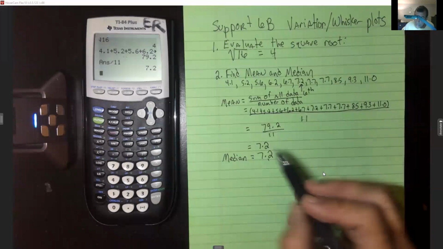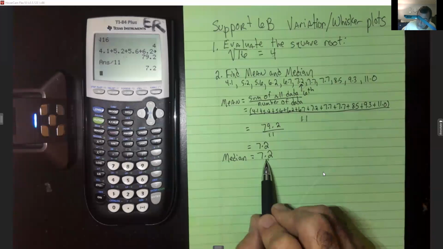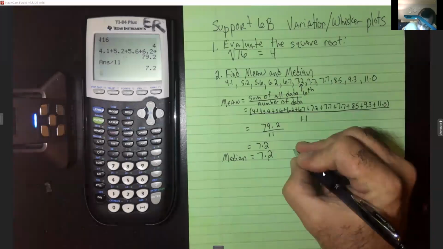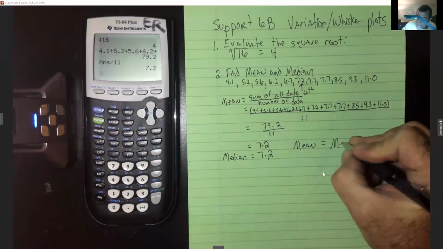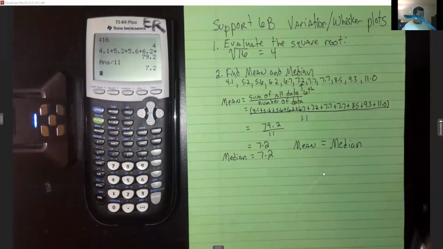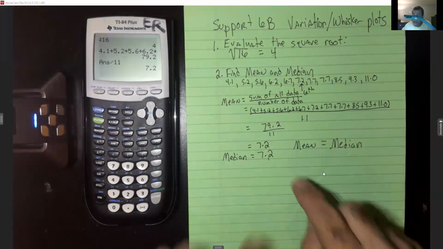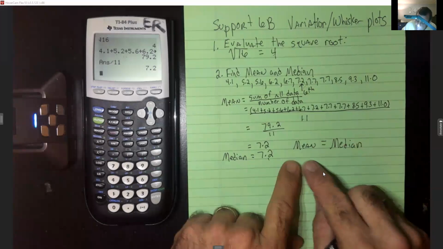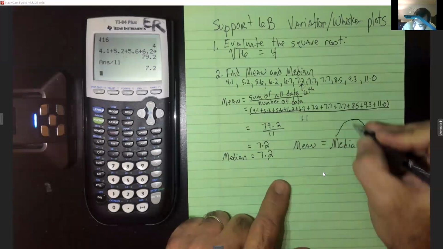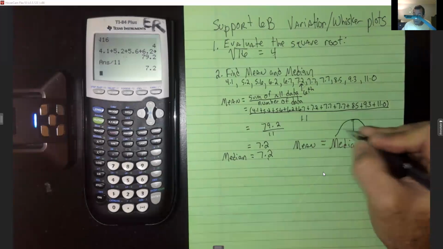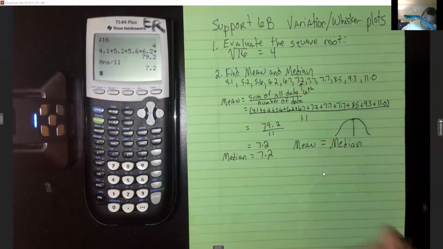My mean was 7.2. My median was 7.2. So my mean is going to equal my median for that problem. So that means it's a pretty good indicator of that data because remember when the mean and the median are equal, my curve is a nice little curve where it's symmetric on both sides.